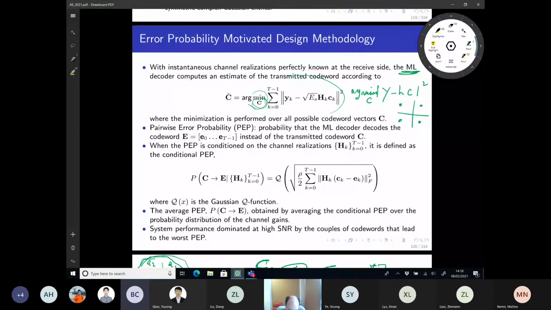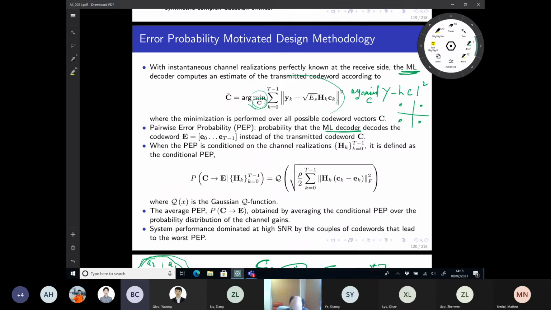Right, so the question I want to ask here is that given that we have a certain code book that is made of many code words, what I want to look at is, at the receiver side, what is the probability that the receiver, this ML decoder, will decode another code word instead of the intended one, right?